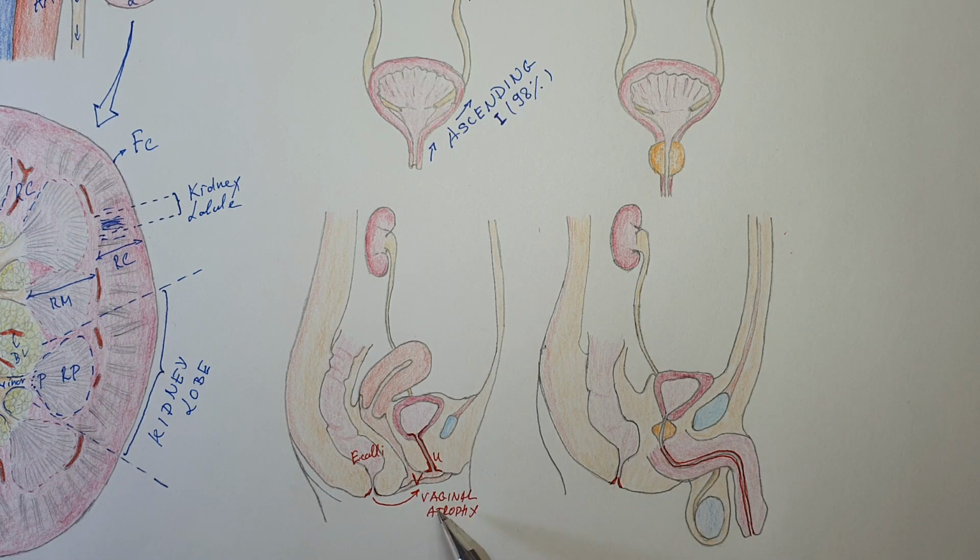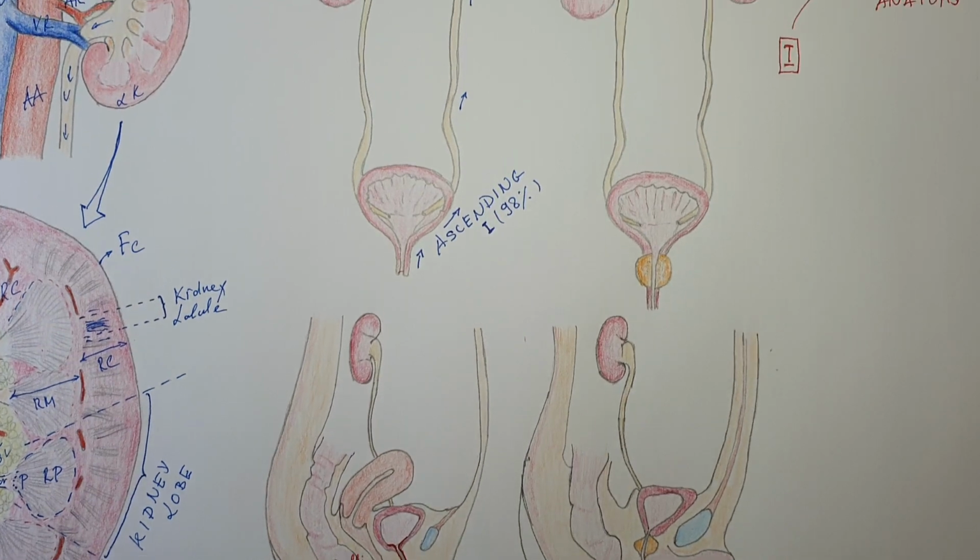This also causes a change in the normal bacterial flora in the vagina, so other bacteria like E. coli can colonize the vagina frequently. So older women also have a higher incidence of urinary tract infection because of this.